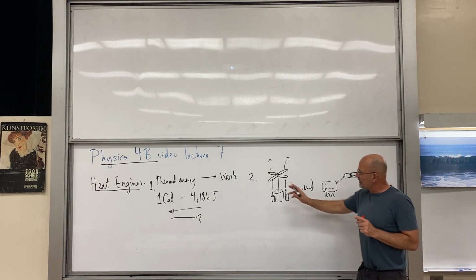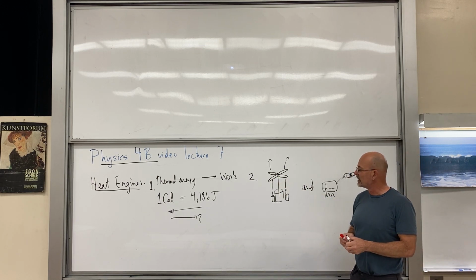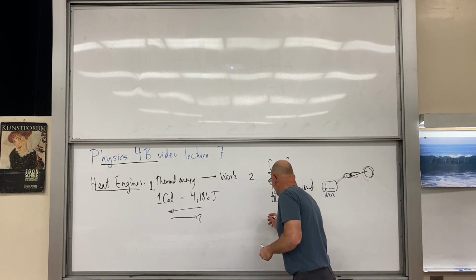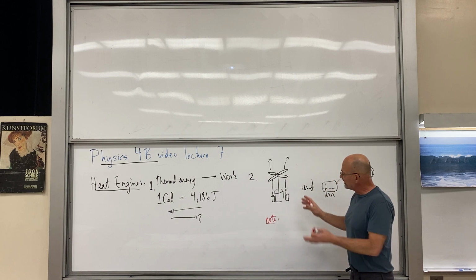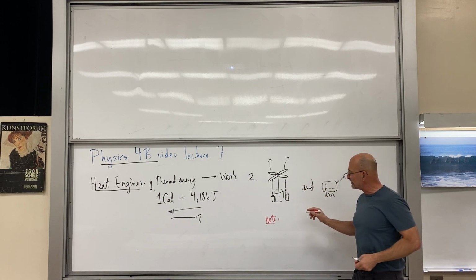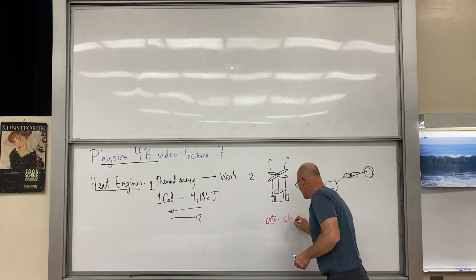Now there's one demonstration I like to do. I'm just going to describe it to you. I'll put this as a note for the Christmas pyramid. To get this thing to really spin fast, you can use a chimney.